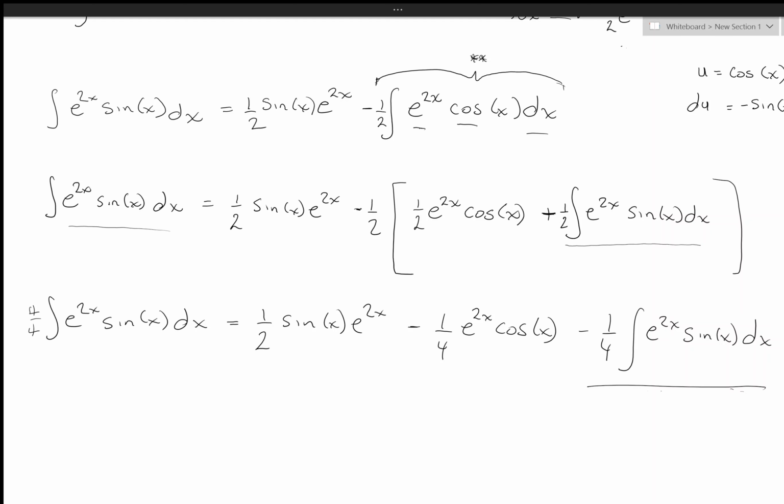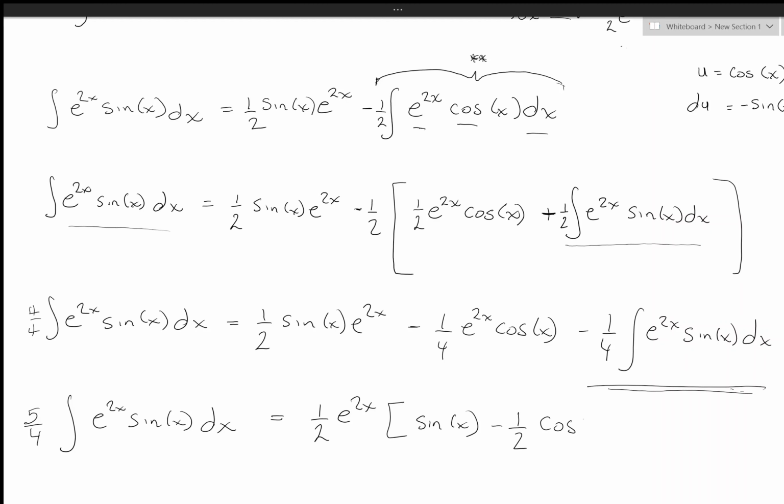If I bring this over to the left-hand side, I get 5/4 integral e to the 2x sine x dx equals 1/2 sine x e to the 2x minus 1/4 e to the 2x cos x. Actually, let's pull out the 1/2 e to the 2x from these: 1/2 e to the 2x, then sine x, and here minus 1/2 cos x.